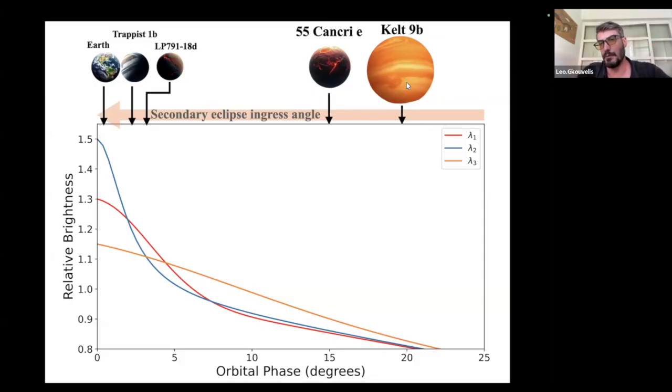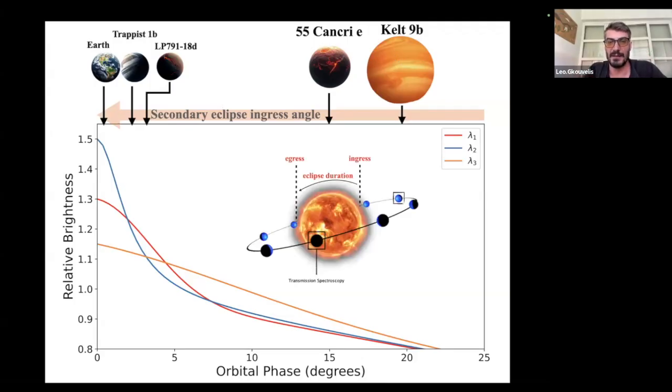So far, people were observing mostly gas giants, which orbit very close to their stars, and then the secondary eclipse ingress angle is actually very high. You see in this cartoon that for some famous exoplanets it is about 20 degrees, this one is 15 degrees, where this opposition effect is not important.